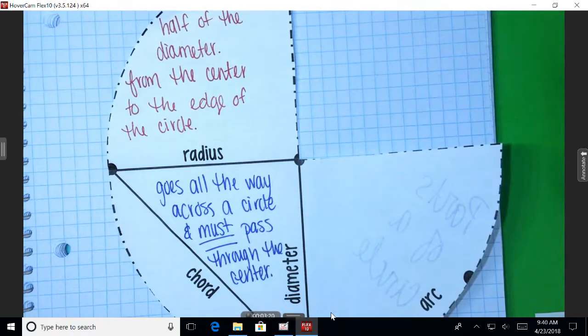So if the radius is half the diameter, the diameter is how many times the radius? 2 times the radius. Good, take a point.